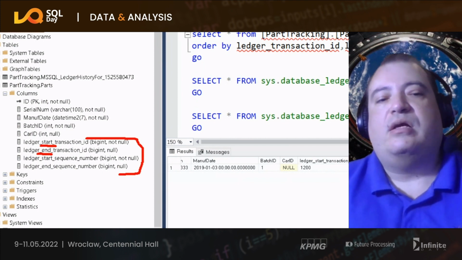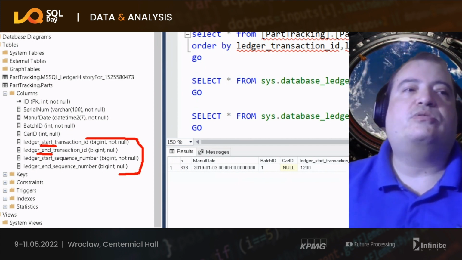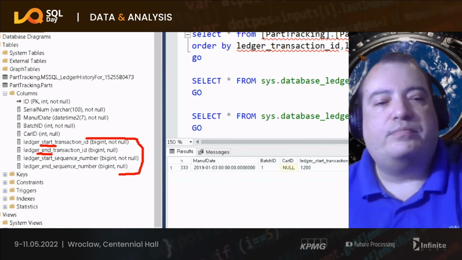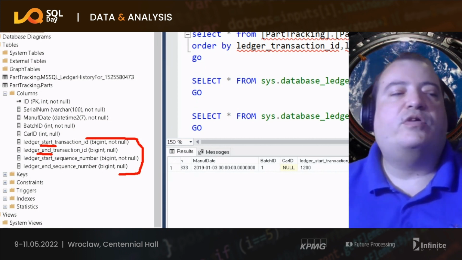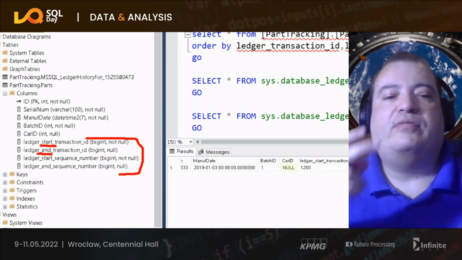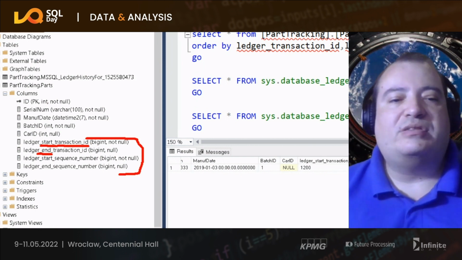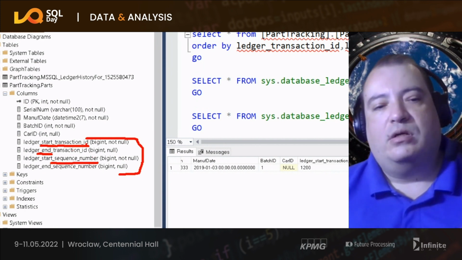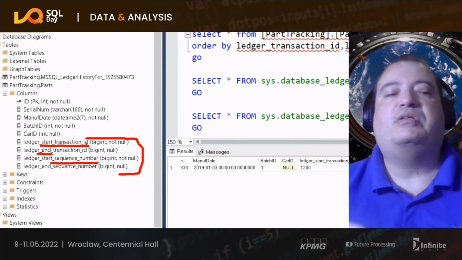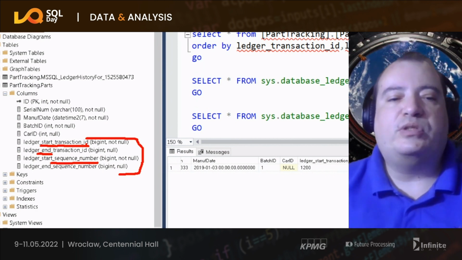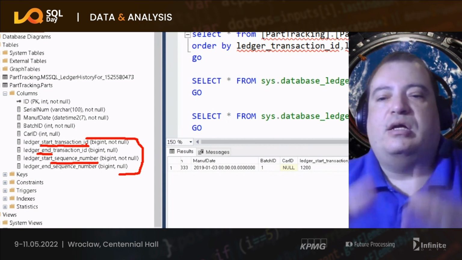And the end of a record is the transaction that made that record not current anymore. And for each start and end, we have two pieces of information: the transaction ID and a sequence number. The transaction that made the change on the record, and the sequence number of the operation in the transaction that made the change in that record.